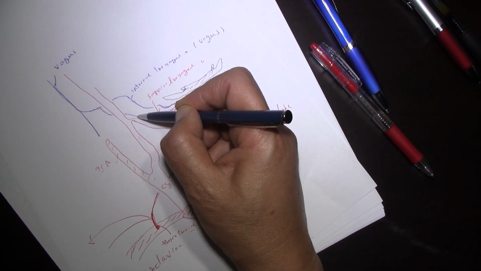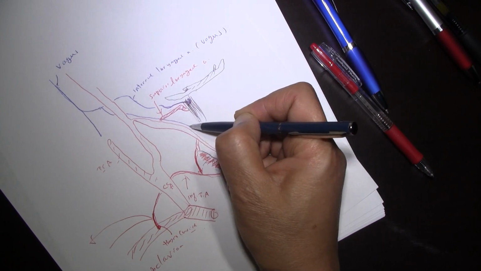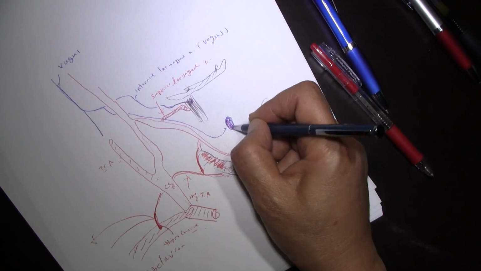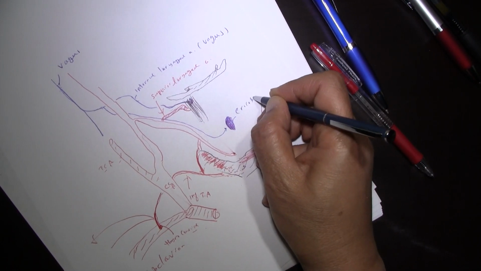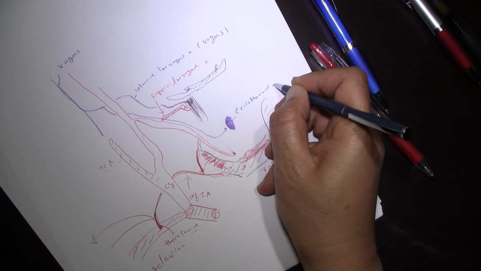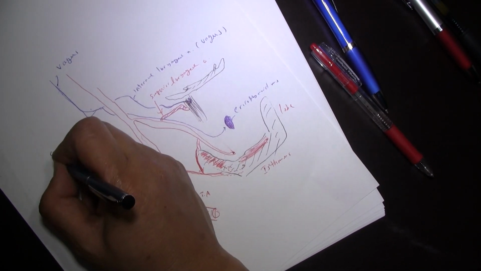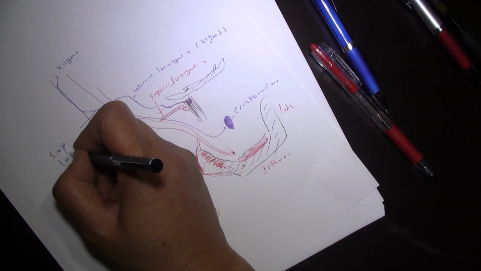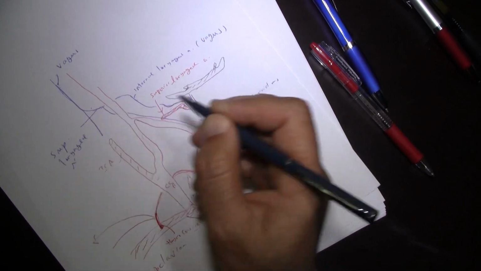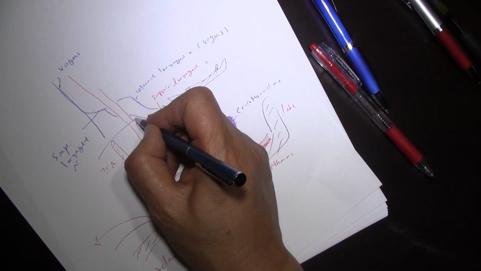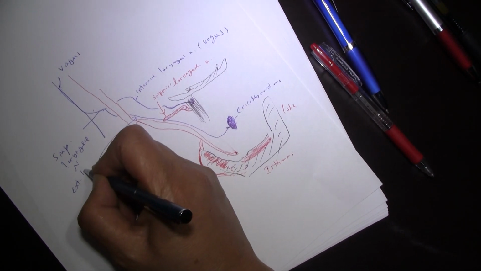It descends with the superior thyroid until it reaches a muscle. This muscle is called what? The cricothyroid muscle. So this is the vagus nerve, and the superior laryngeal branch of the vagus splits into internal laryngeal and external laryngeal.